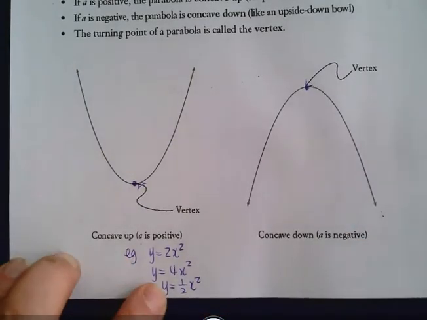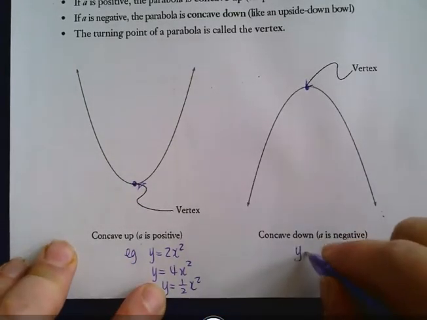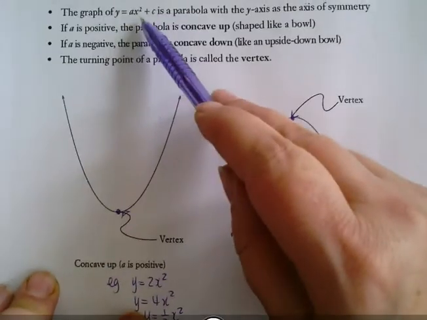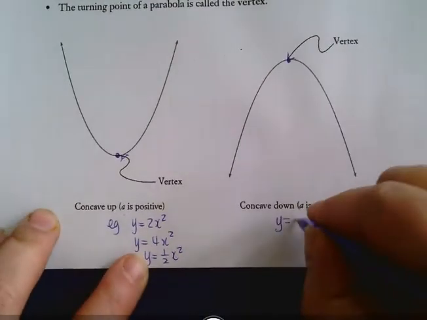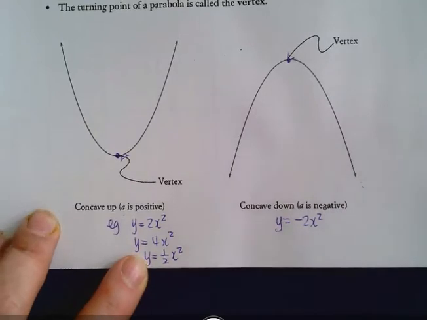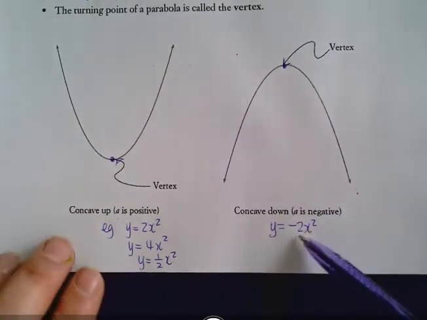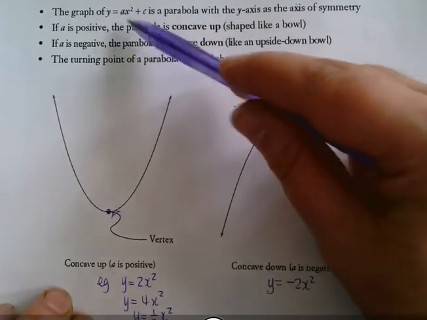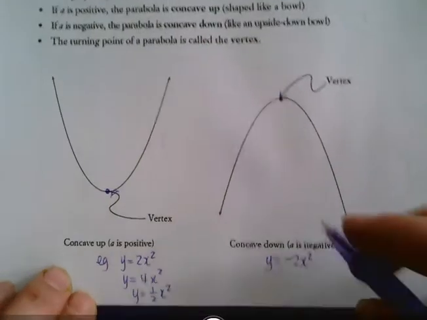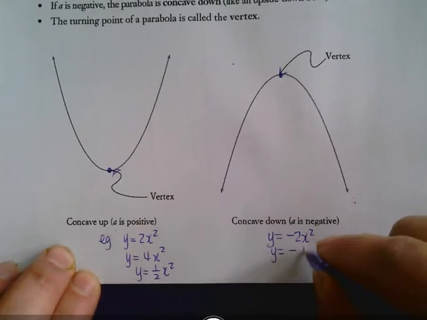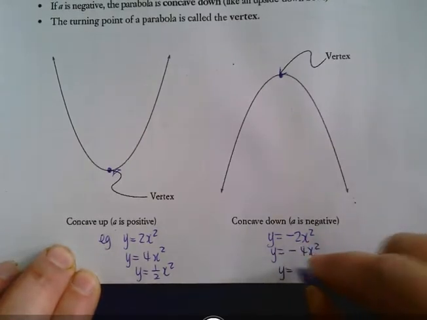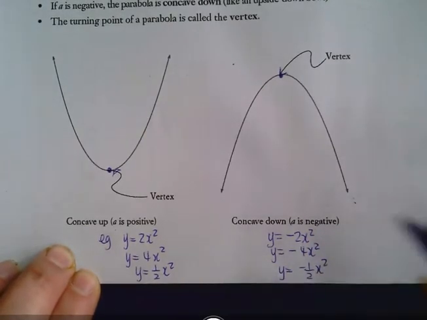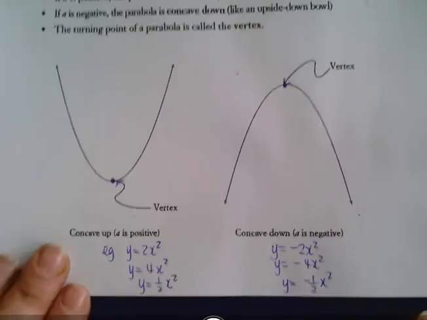They're examples of concave up. Concave down is when the A here is negative. That might be like this, y equals -2x squared. So remember the general form is y equals ax squared plus c. When you've got a negative, for example, in front of the x squared, the parabola is downwards, okay?